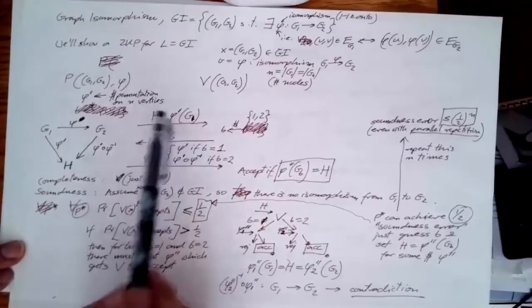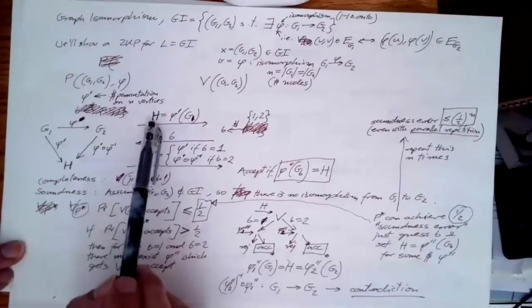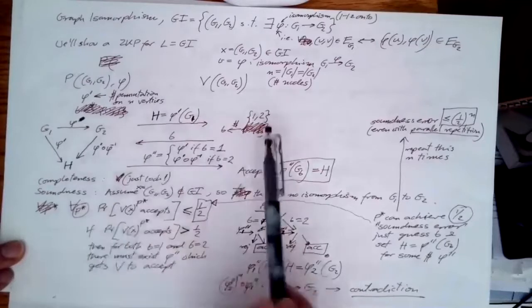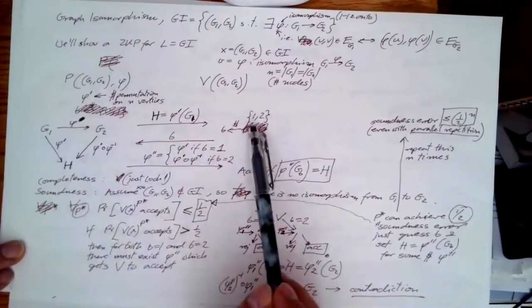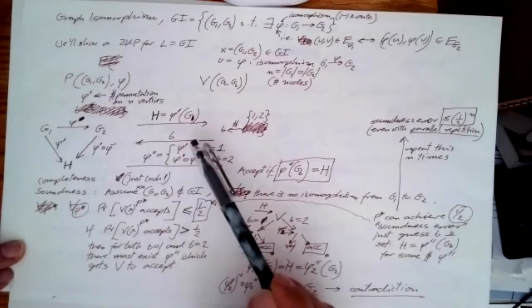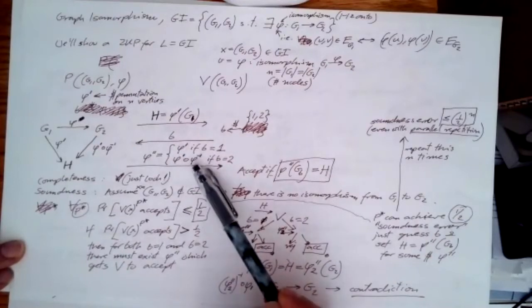Okay, so a permutation of this fixed graph using phi prime. And what the challenger does is with 1/2 probability, it asks for one of the following two things.